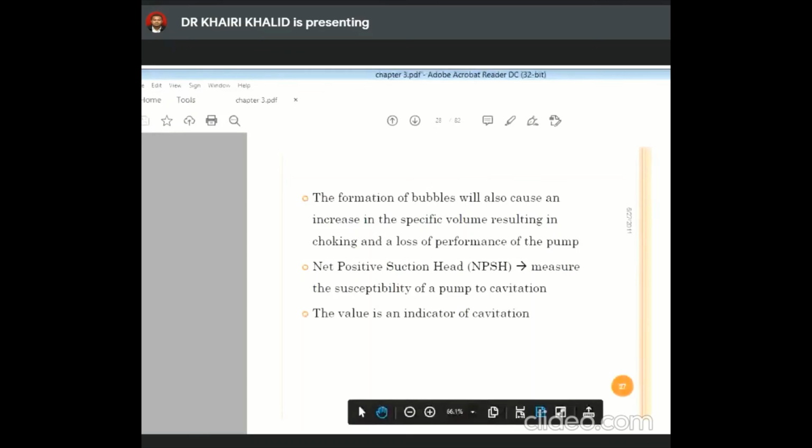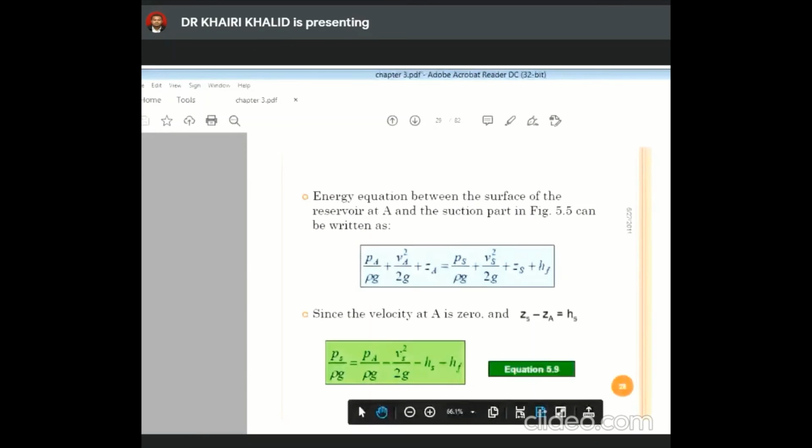So if we go back to the equation, this is the equation just now, when we have a suction at the suction part. Yeah, the suction part. It's not on the delivery part, it's at the suction part.